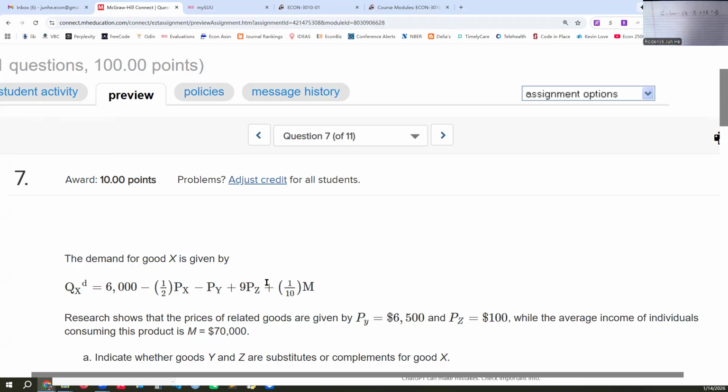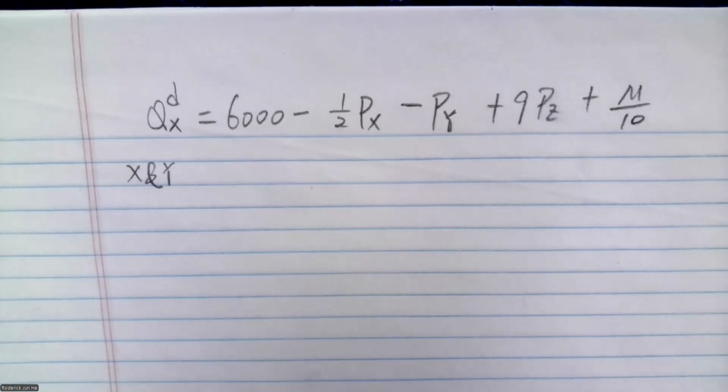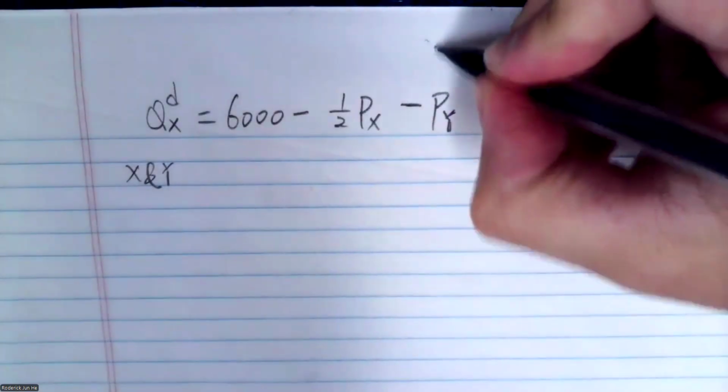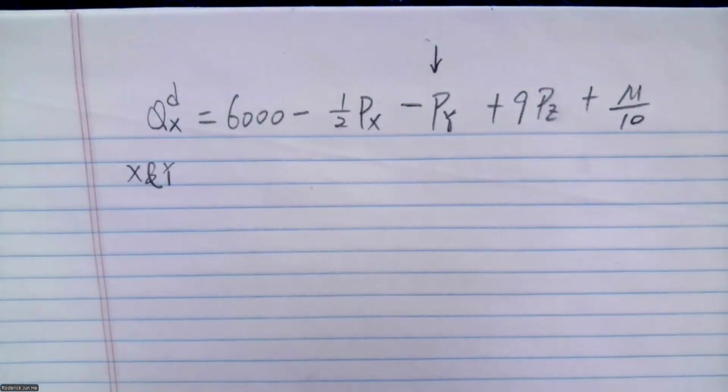So with this demand curve, or demand function, since we are looking at the relationship between X and Y, the only term in this function that has something to do with Y is this, minus Py, right?